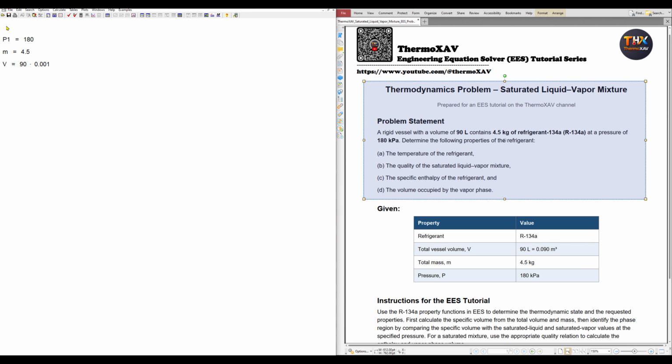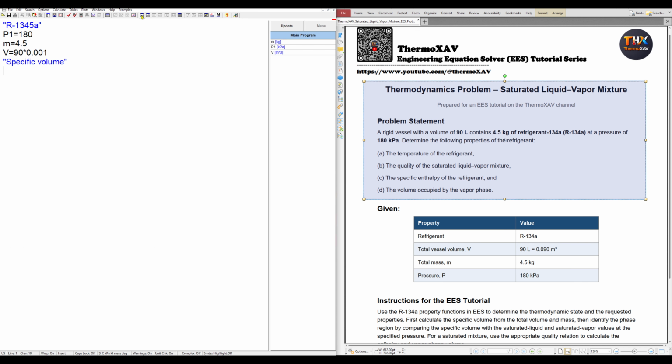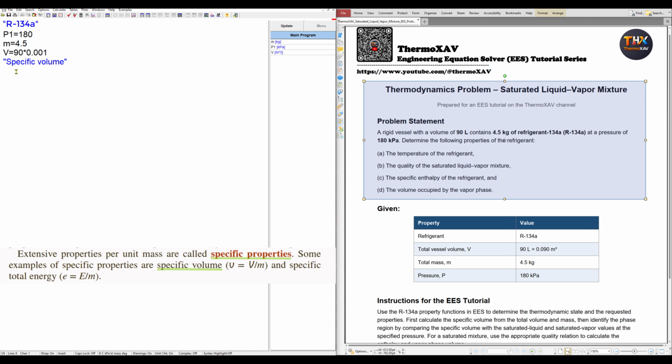You cannot see these comments in this window. Then I will go back to the equations and call this one nu, which refers to the specific volume, equal to V divided by M.